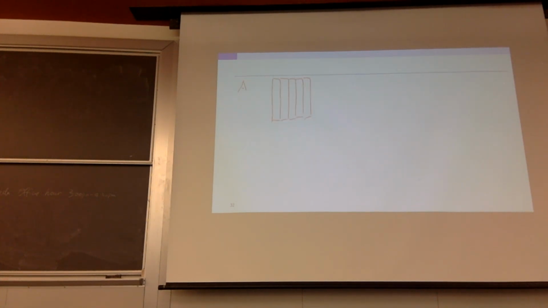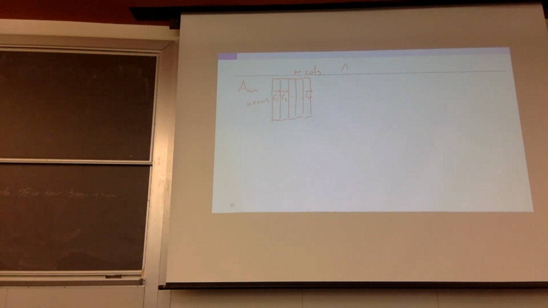Let's denote these vectors as C1, C2, and so on until Cn. Okay, you have n vectors.